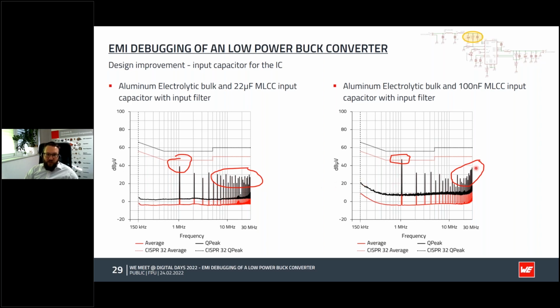And here, compared to the 100 nanofarad capacitor, this was the measurement I showed before. I scratched the limit, and also here in higher frequency it goes up. So we can finally pass the conducted emission test with the aluminum capacitor.